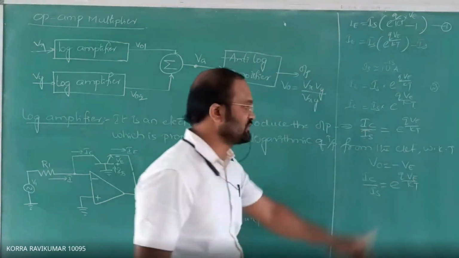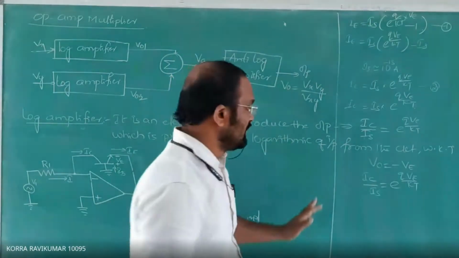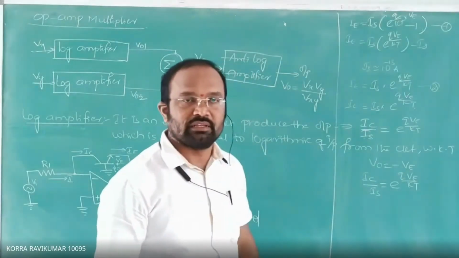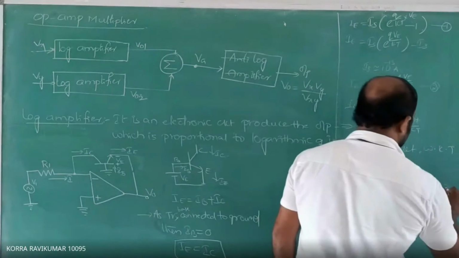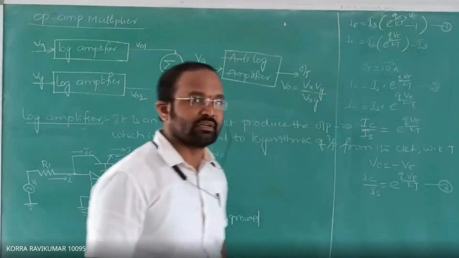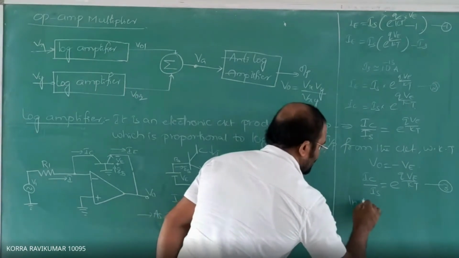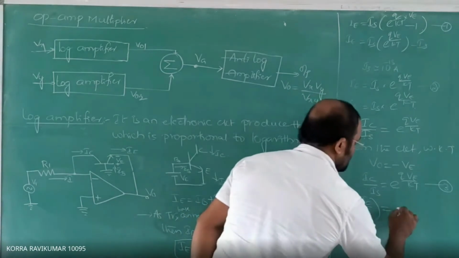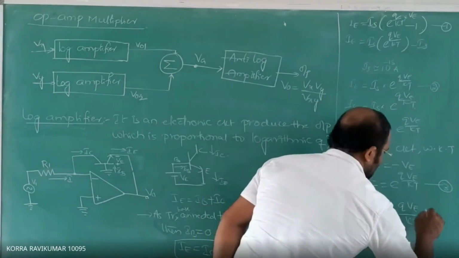If you substitute VE equal to minus V0, see what happens. Now apply the natural logarithm on both sides of equation 3. Then the expression becomes natural logarithm of IC by IS is equal to Q into VE by KT.